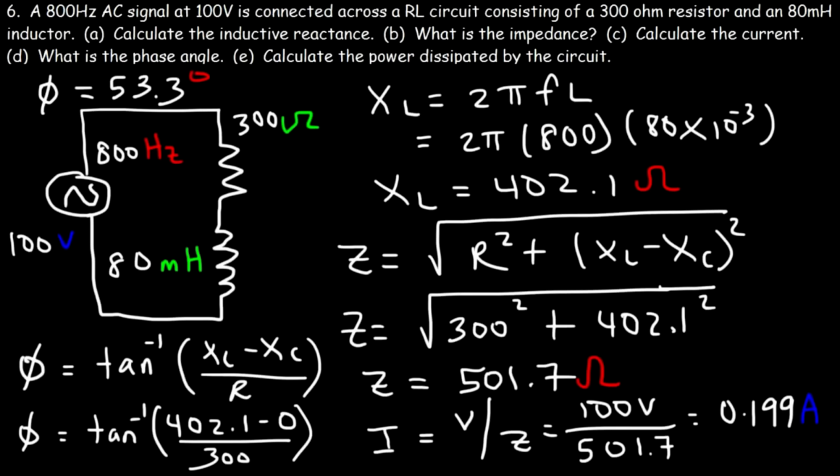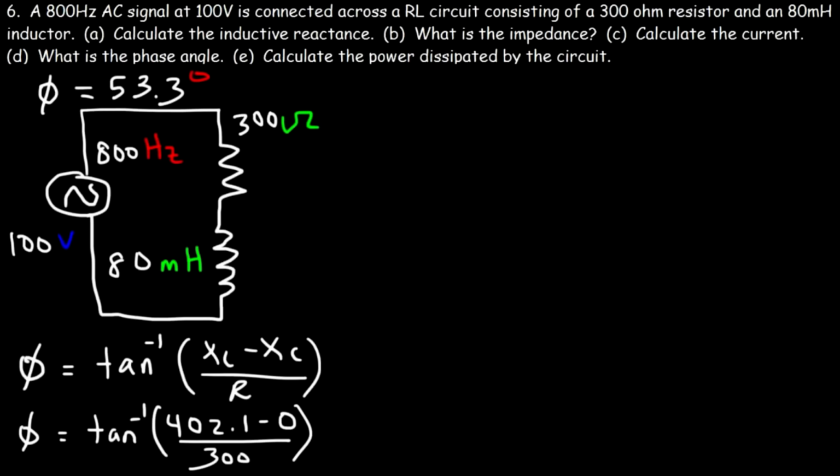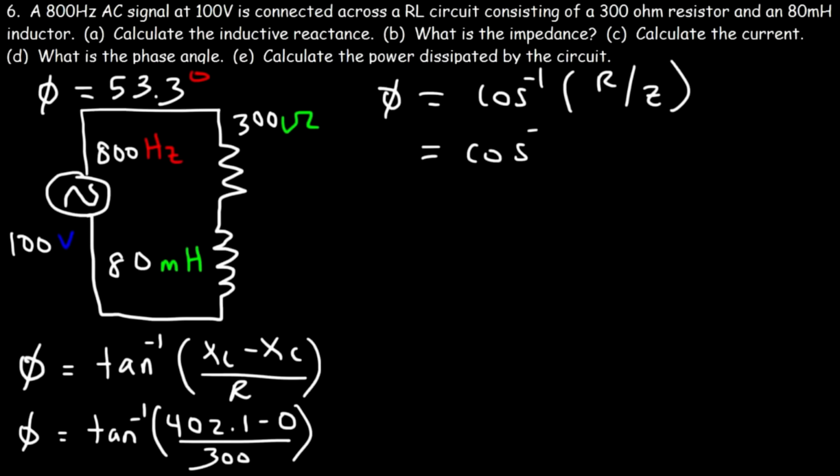Now there's another way in which we can calculate the phase angle. We can use this formula as well. It's equal to the arc cosine of R divided by Z. So the resistance is 300 and the impedance was 501.7.